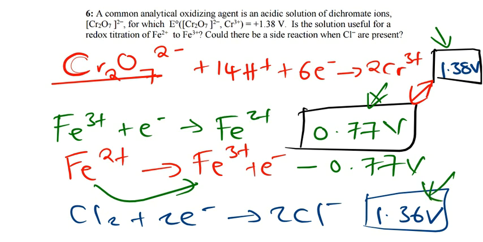This side reaction would cause interference, and it would lead to production of chlorine gas instead of only oxidizing the iron 2 ions. I hope that makes sense.